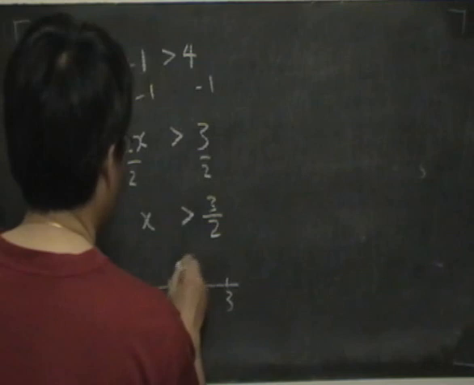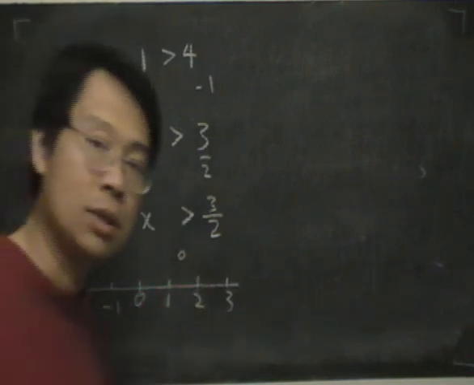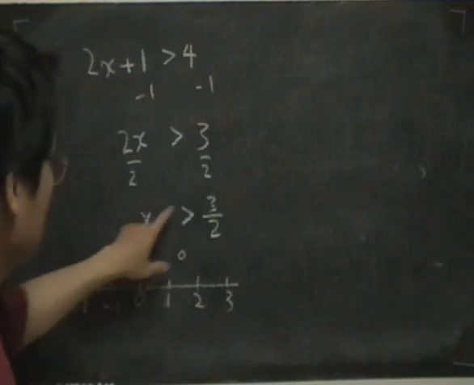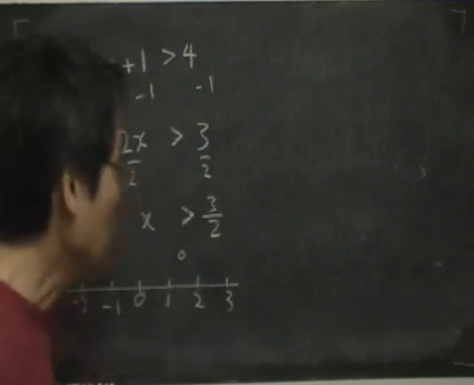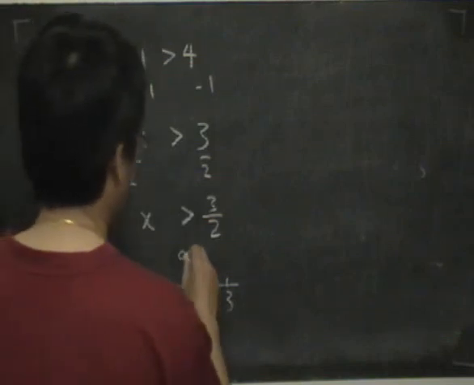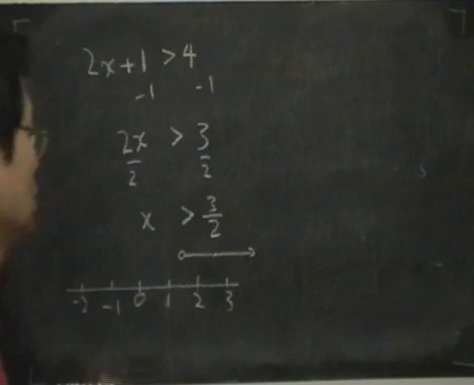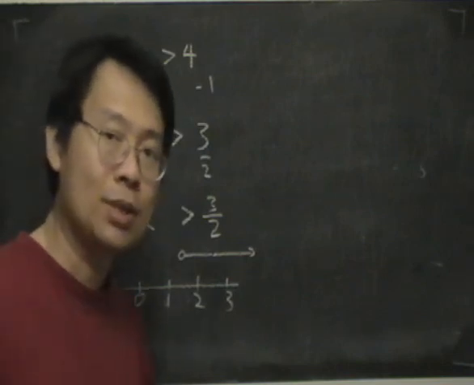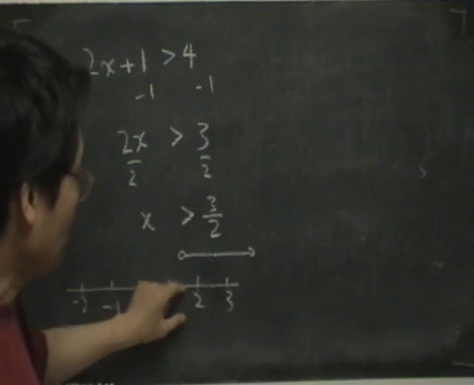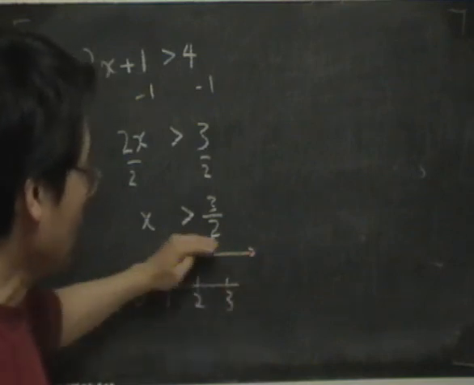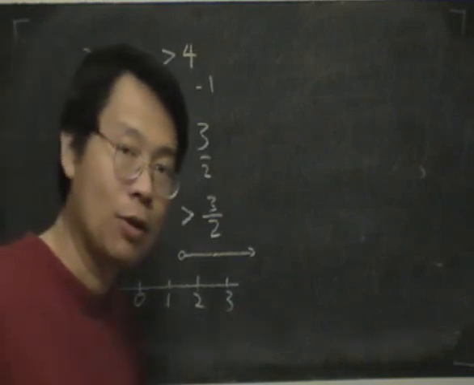Okay, so I will draw a circle on top to represent 3 over 2, and since it's a greater than sign, x is greater than 3 over 2, I draw a line over to the right. So that's the solution. All the numbers below this line are possible values of x.